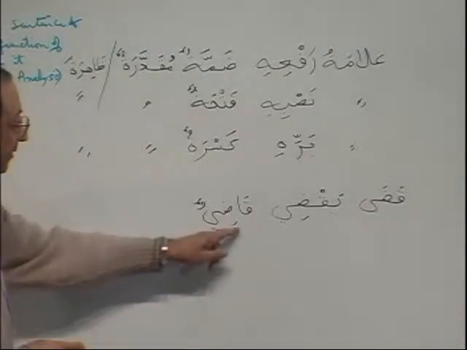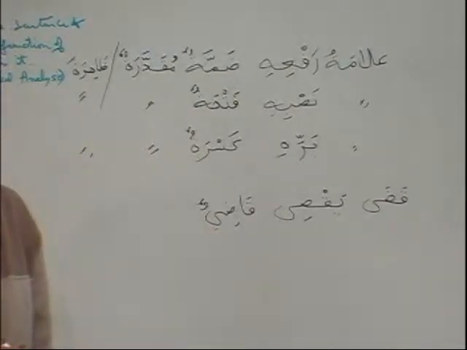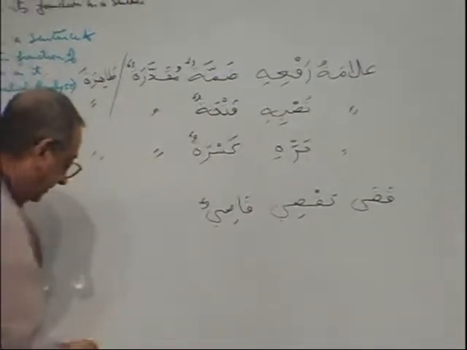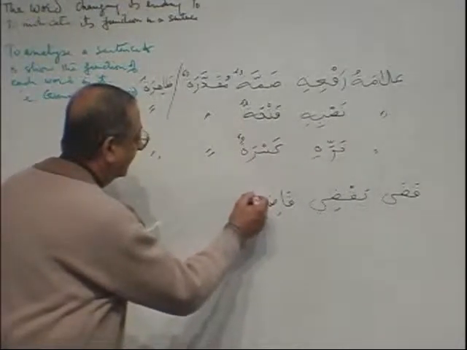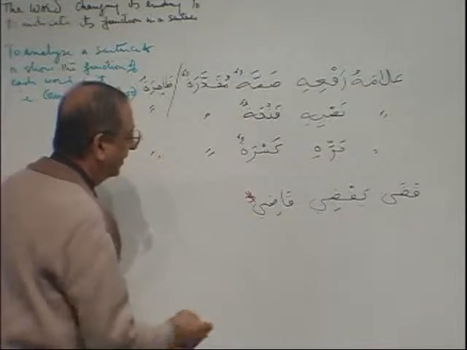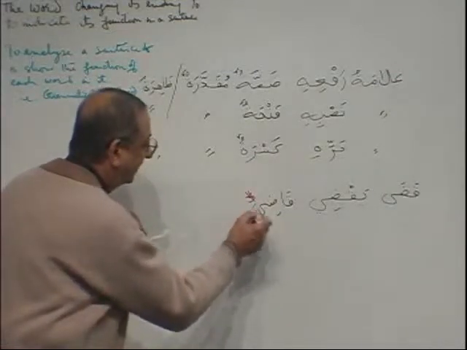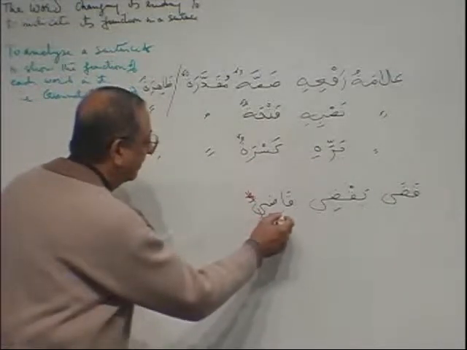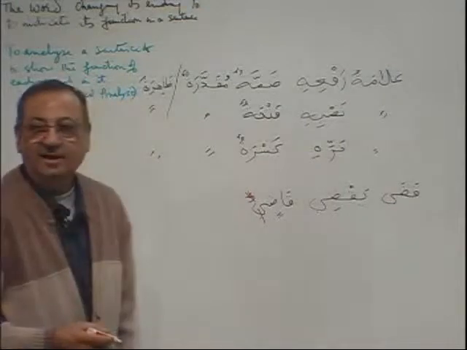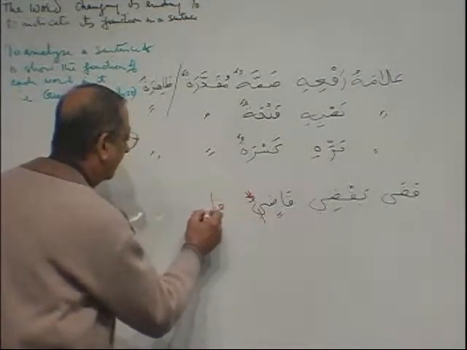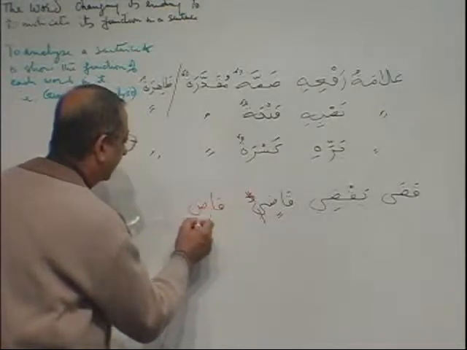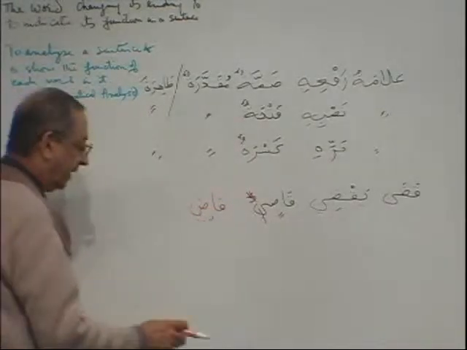Now, before that, there is a kasra. So what happens, brothers and sisters? The ya is dropped, and we give an extra kasra as compensation. So it became kadin. Remember, ya is dropped.